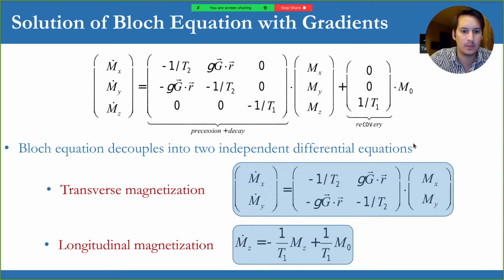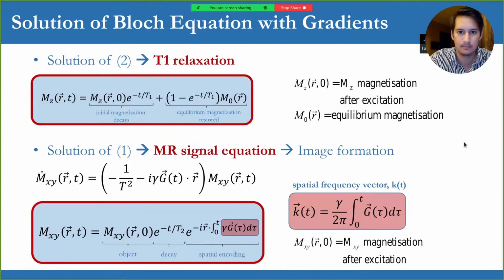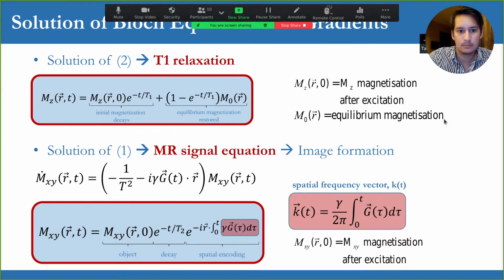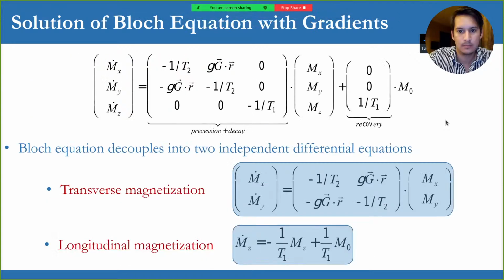So that's the solution of the Bloch equations when you only have gradients, no RF pulse. M0 here is the equilibrium magnetization, the one that you start with basically.